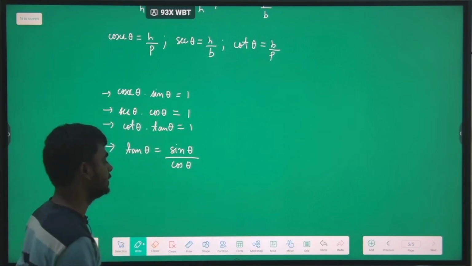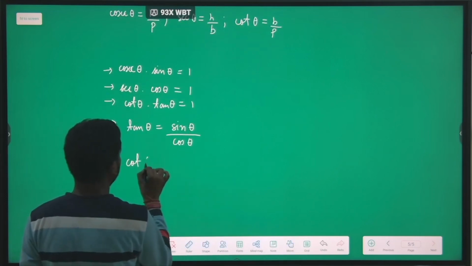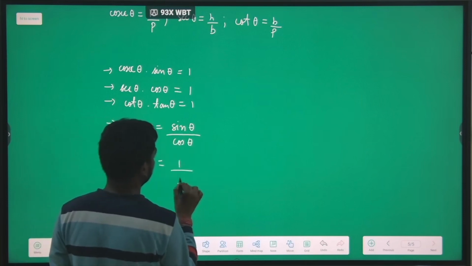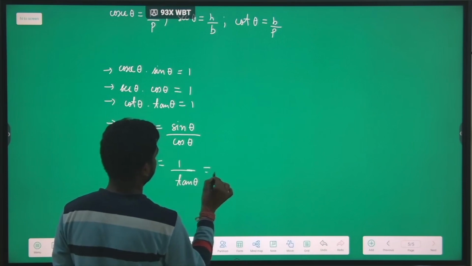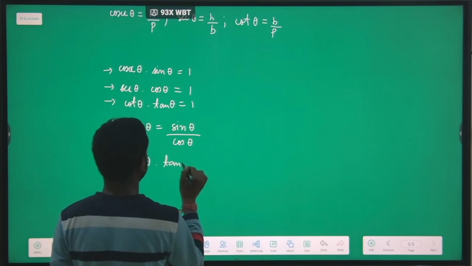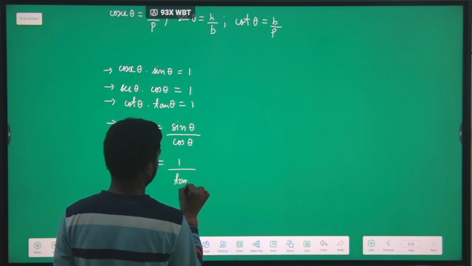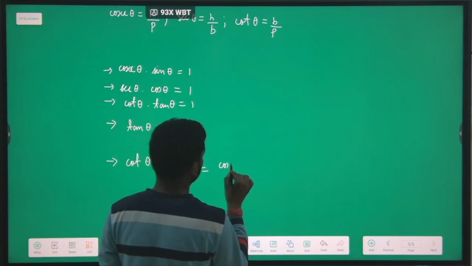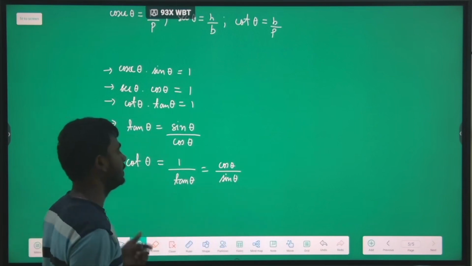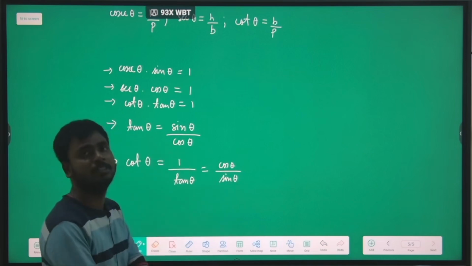We also learned that cotangent of angle theta is the opposite of tangent of angle theta, that is 1 upon tangent of angle theta, equal to cosine theta upon sine of angle theta.